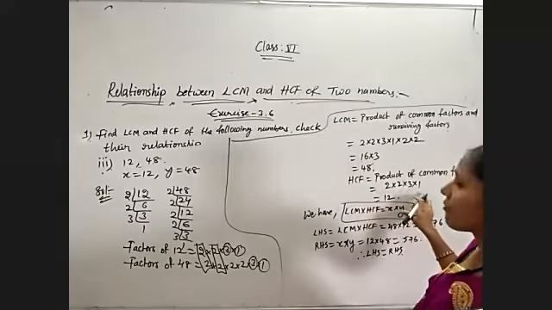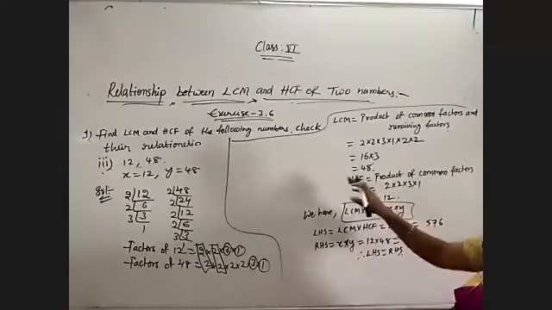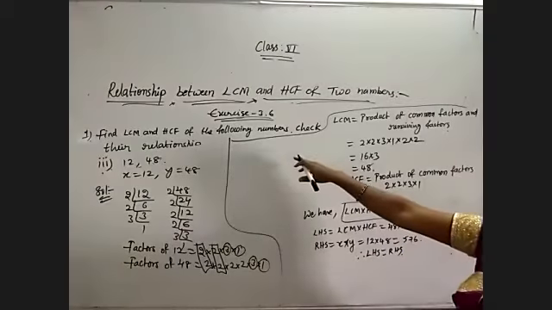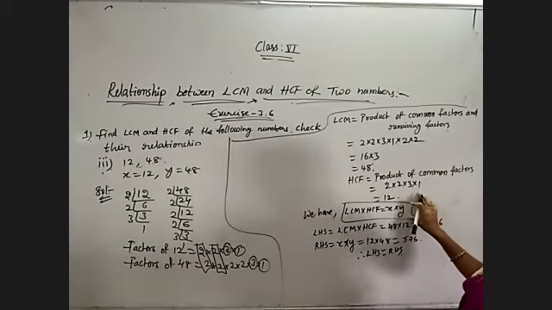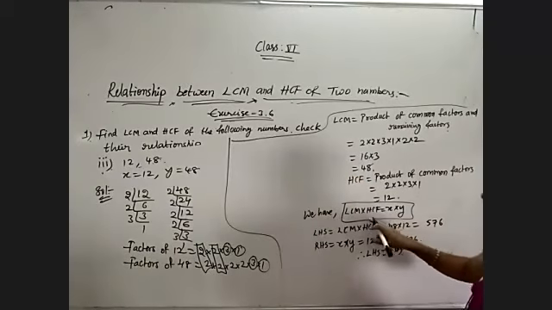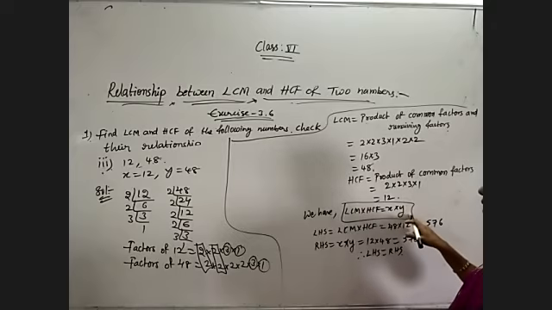Now, after that we have the relationship. Check the relationship also, they are asking. So what is the relationship? The product of LCM and HCF of two numbers is equal to the product of those two numbers. So find out the product of LCM and HCF, then you will get one answer, and after that the product of those two numbers. Compulsorily you will get an equal answer.